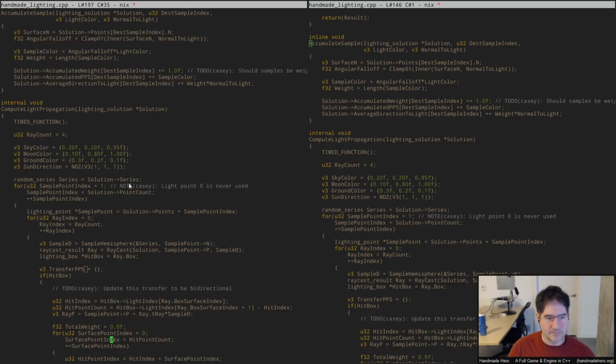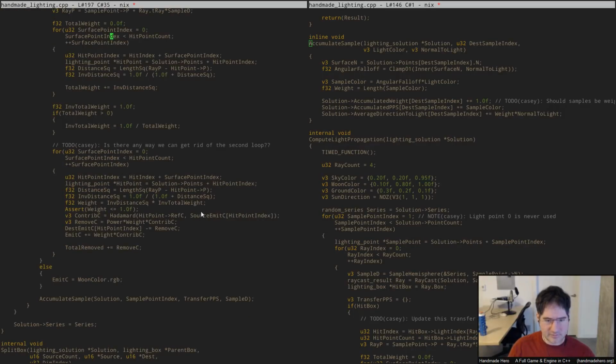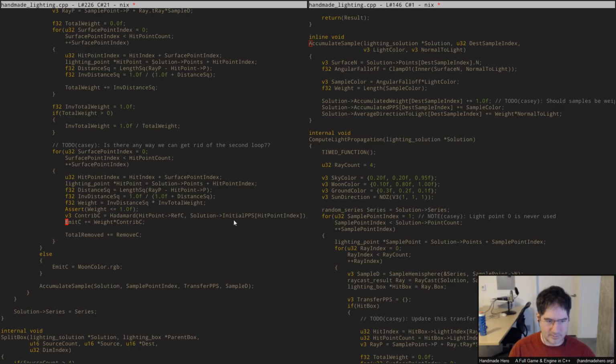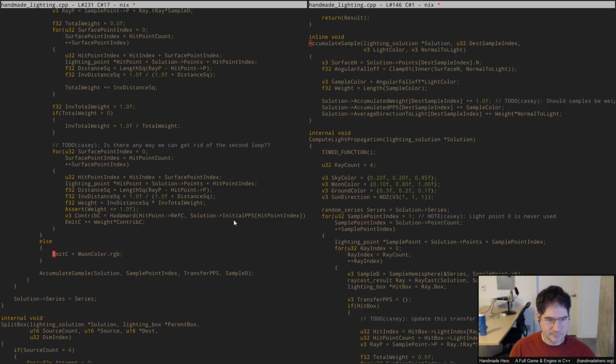And then when we come through here and we loop through these, we're basically going to say this is the source emit C, is what we're grabbing from. That's now going to be our solution, not accumulated initial PPS, so that's the previous frame's photons per second, plus the emission. So that initial PPS that comes in, this doesn't happen anymore, that's how much we're talking about here.